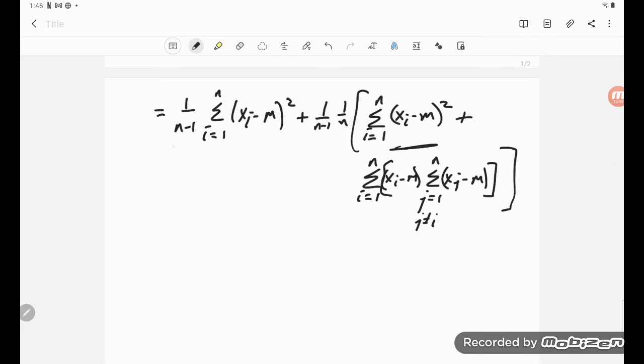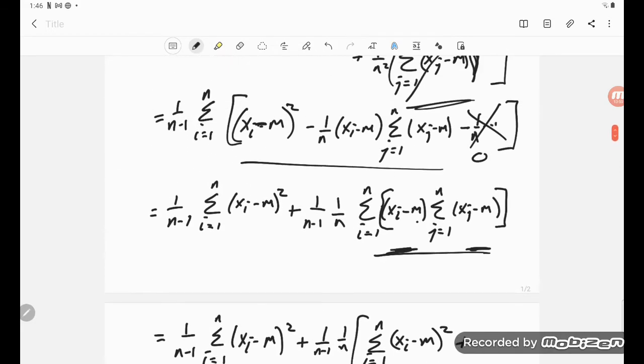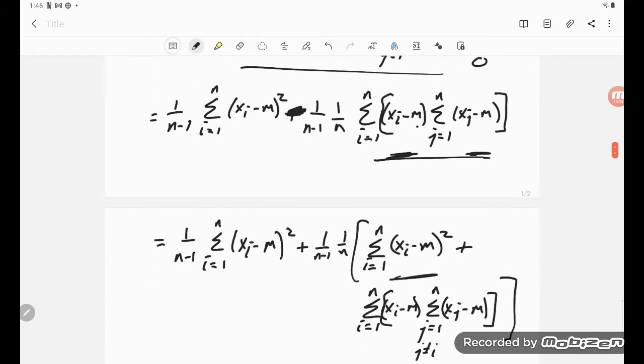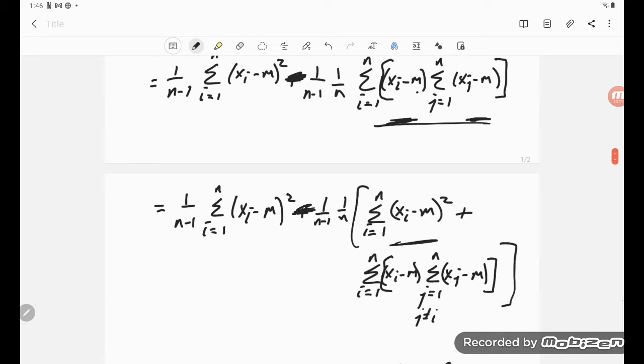And now notice, just over here to the side, I have an a, that's my summation thing, over n minus 1, plus an a over, do I have a plus or a minus? Wait a minute. Look at that. I got a minus, minus, minus.